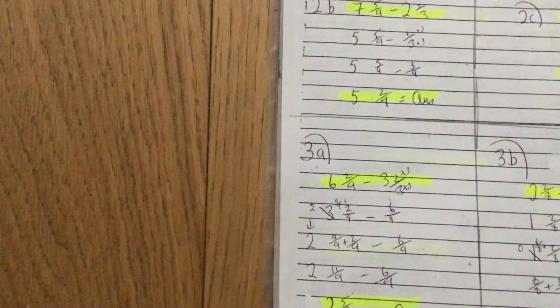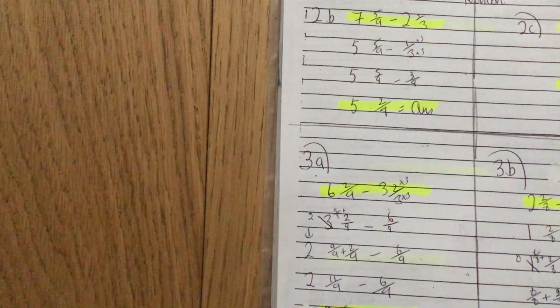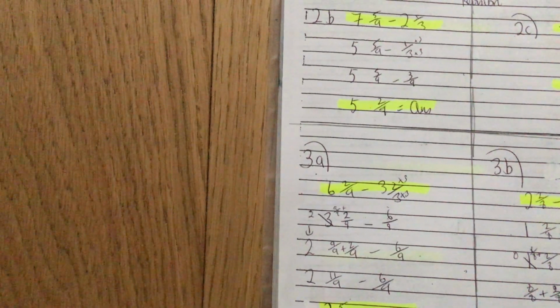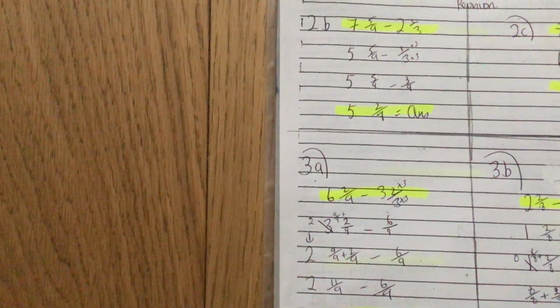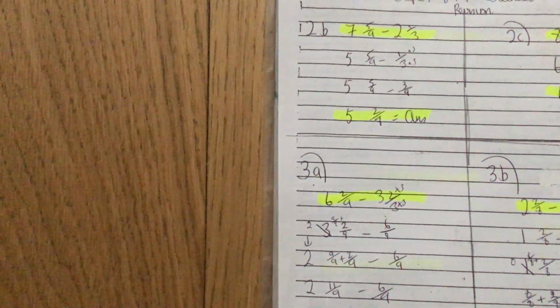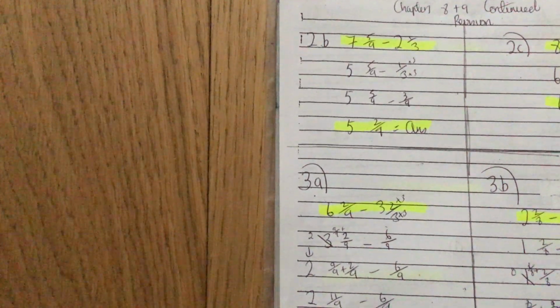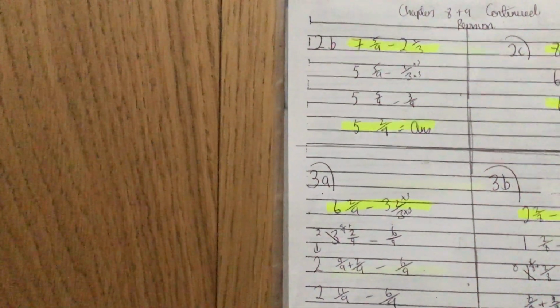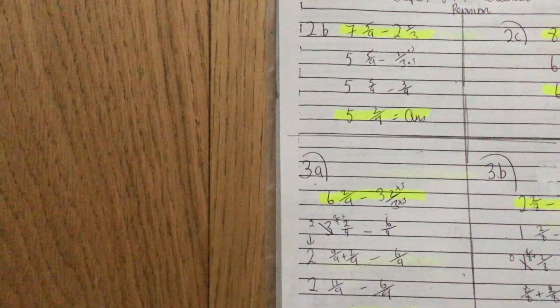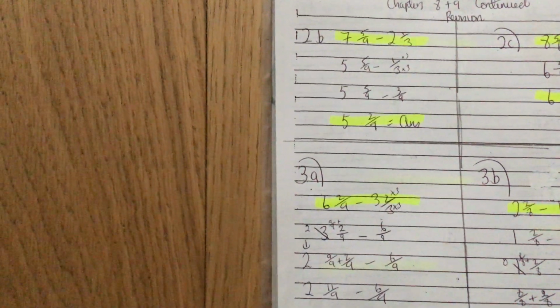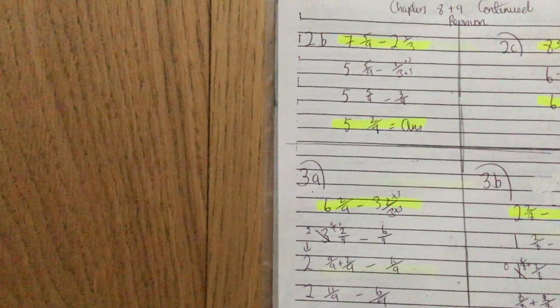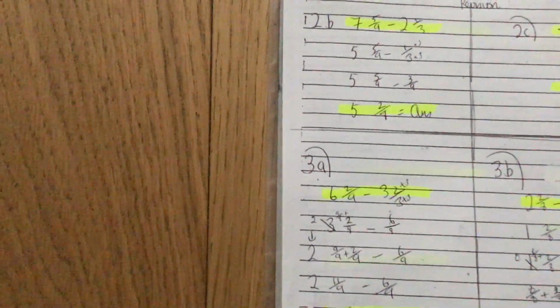Okay, guys? So that's 3 and 2/9 take away 6/9. Now, we cannot take 6/9 from 2/9 because 2/9 is too small. So we go to our whole number 3. We're just regrouping, in a way. We still have the same number, it's just we're using it in a different way in order to do the sum. So we take away our 1 from the 3, we're left with 2, and then we convert that 1 to ninths because we're dealing in ninths.